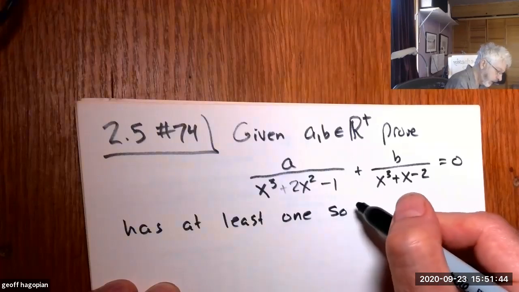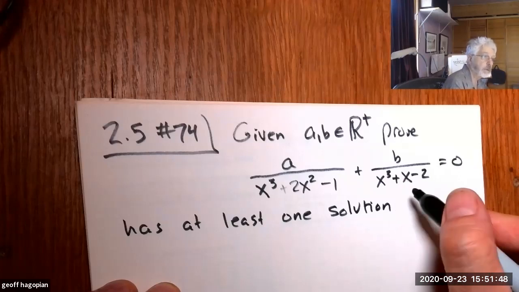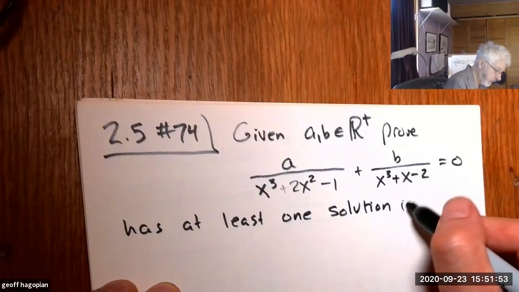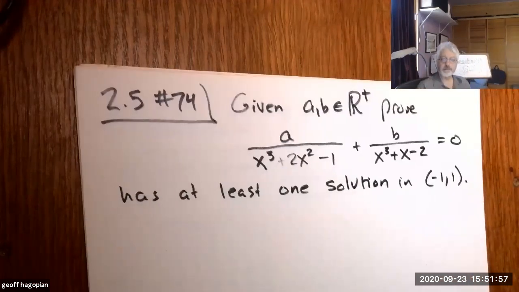So no matter what positive numbers you choose for a and b, this is going to have at least one solution in the interval from -1 to 1.